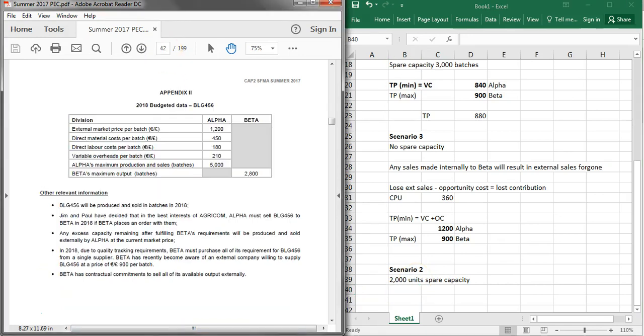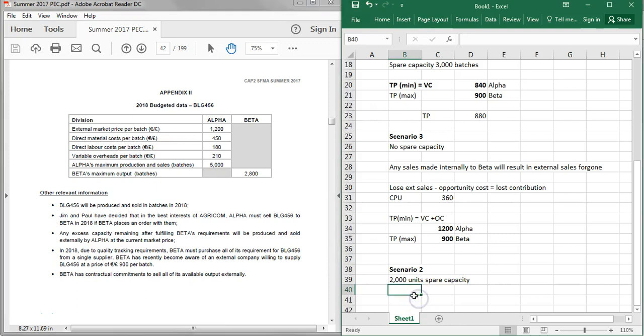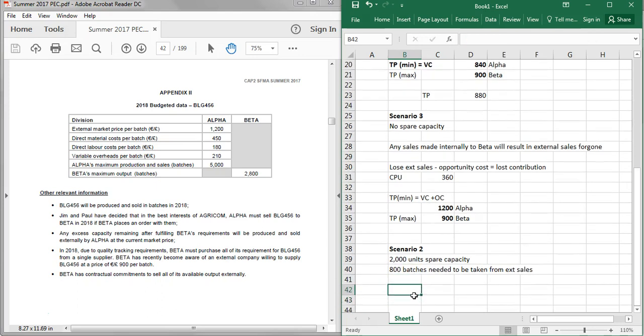But to fulfill Beta's order, which you're told in this bullet point has to be a full order from a single supplier, you need 800 batches to be taken from external sales. So in this case, we have 2,000 batches, which is similar to scenario 1, where you have spare capacity.